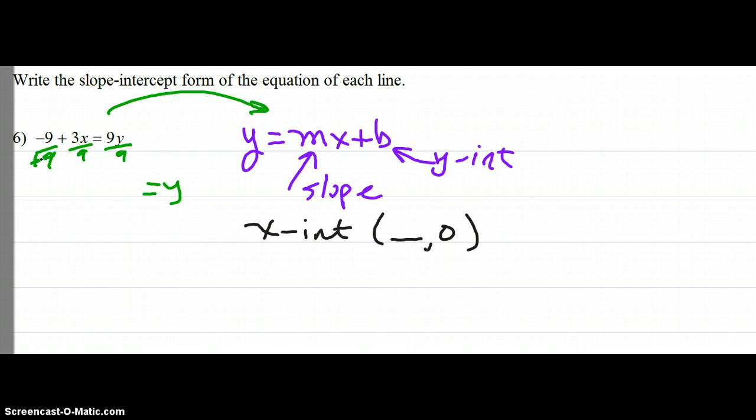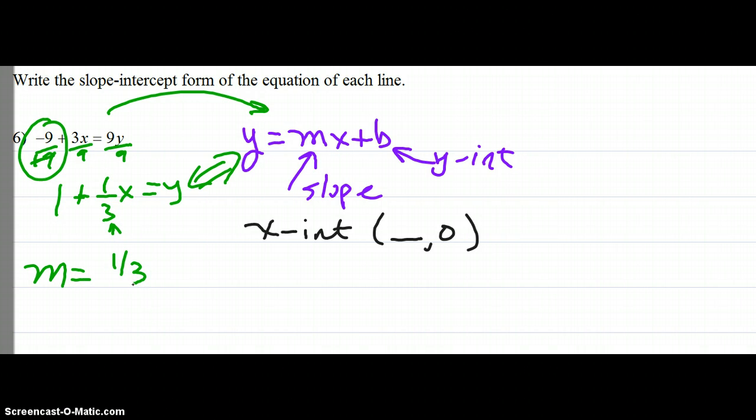So I get y equals 3/9 or 1/3 x, and -9 divided by 9 would be +1. Now again, that's still not in the exact form that we're used to seeing, but you should recognize a couple things. One, the slope is the coefficient in front of the x, so the slope would be 1/3.